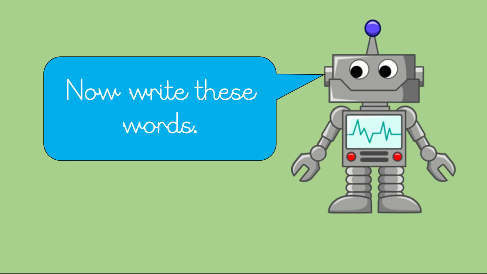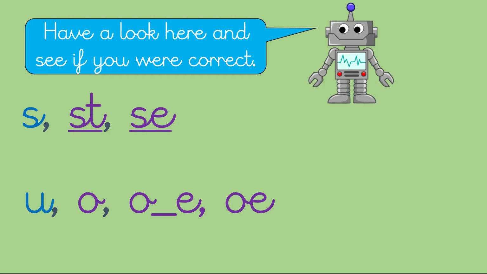Okay, so all of these words that I'm going to tell you have got the S and the T, the S and the E for the S sound, or they've got the O on its own, and the split digraph with the O and the E. So if there's an sound in these words, it's one of those 2 spellings, okay?